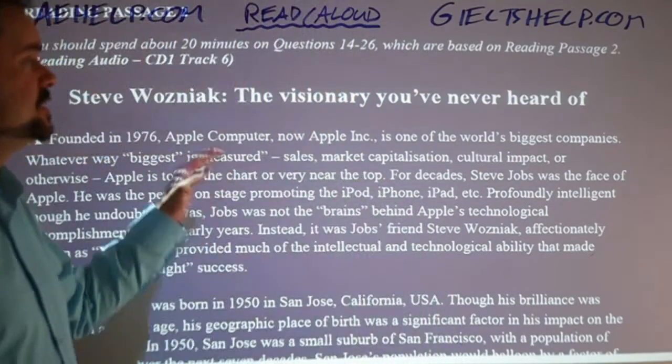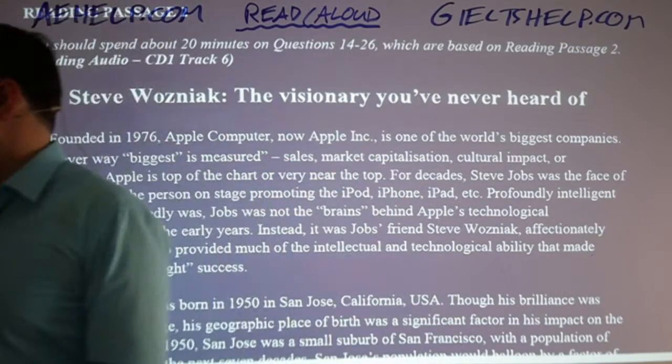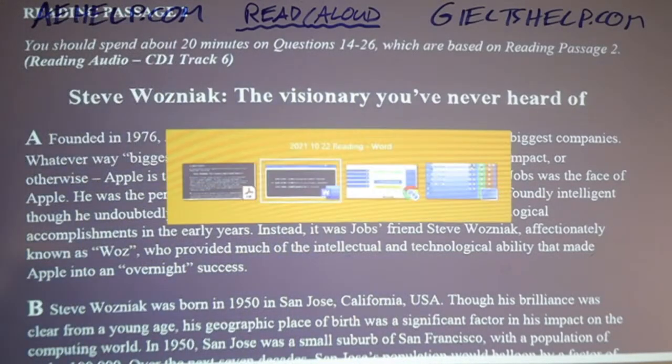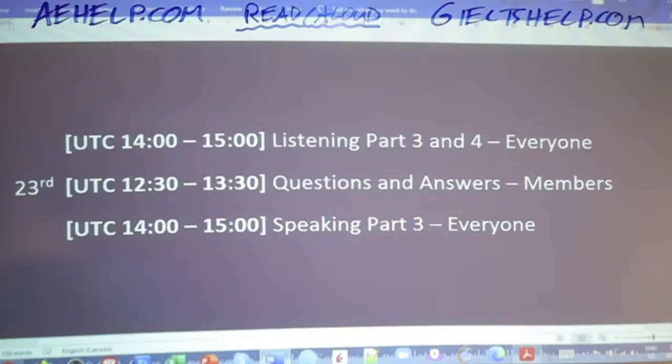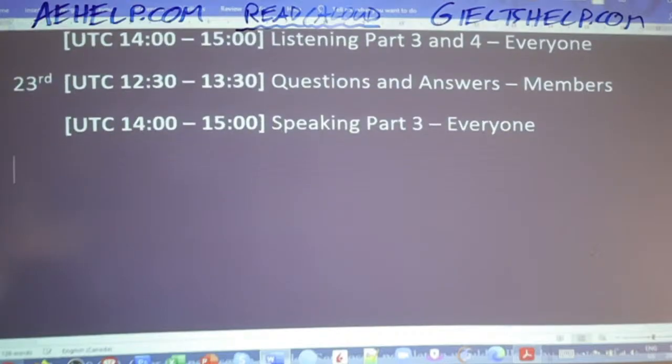So what can this mean? Steve Wozniak, the visionary you've never heard of. When the author introduces the title, it gives you a snapshot of the passage and the information. So it's really important to think about it. Okay. So step 1, read the title and think about it.